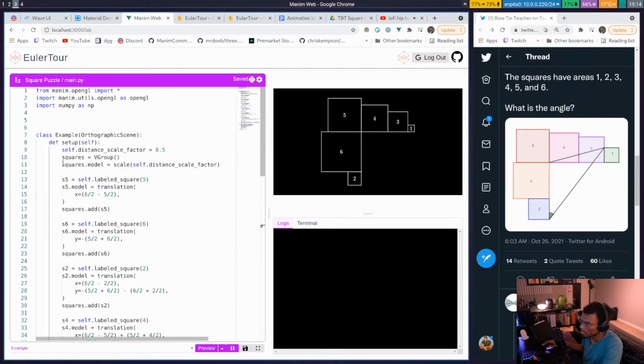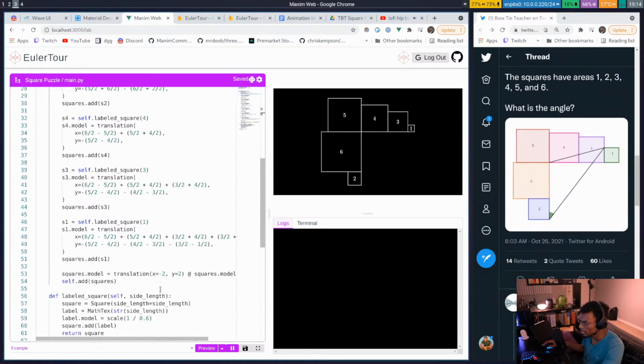Oh, the thing is, I also want to scale everything by the scale factor pretty much. So maybe I should have another V group. Really, I wish you could scale the scene itself by a scale factor. But I won't do that now.